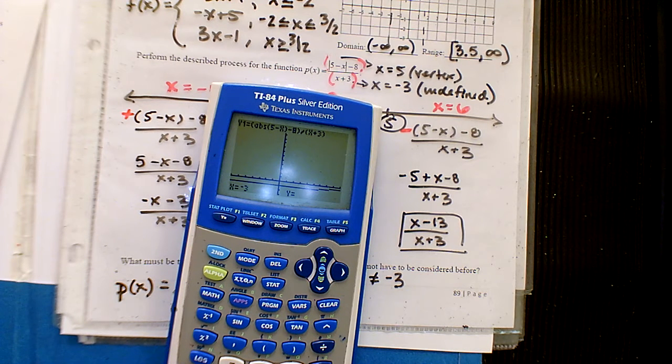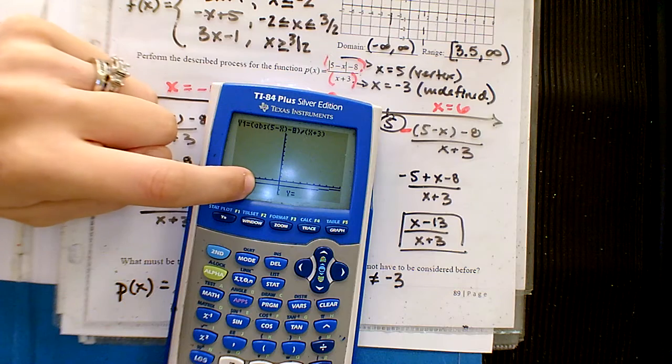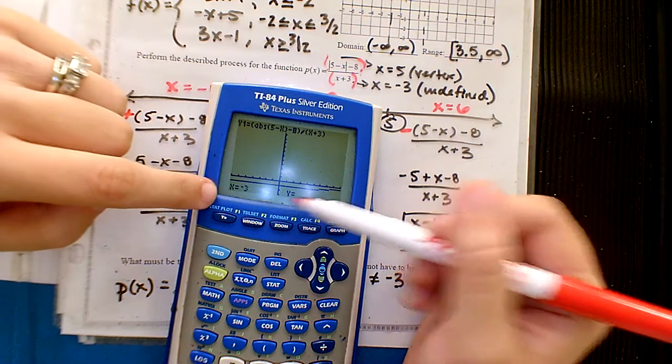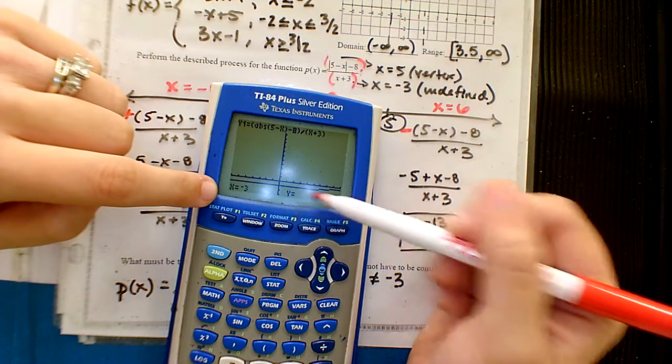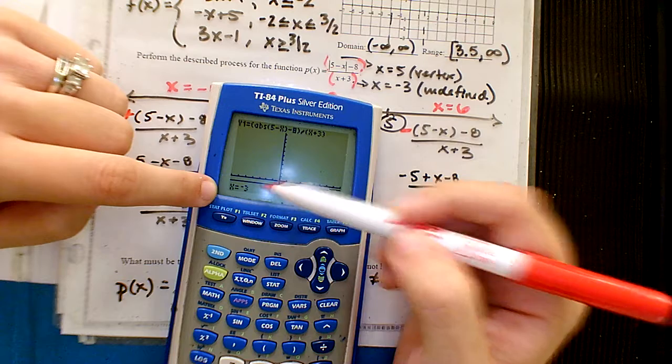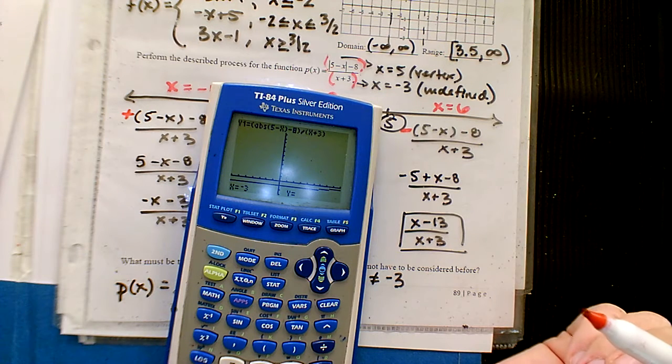The reason is the open circle is so small because it's only supposed to be at one point. It's called infinitesimally, if I can even say that word, infinitely small, because it's like a pinhead. So you can't see it there. But if you type it in to check it, notice how there's nothing there. So there is a hole, even though you can't see it. That's what's a little tricky.